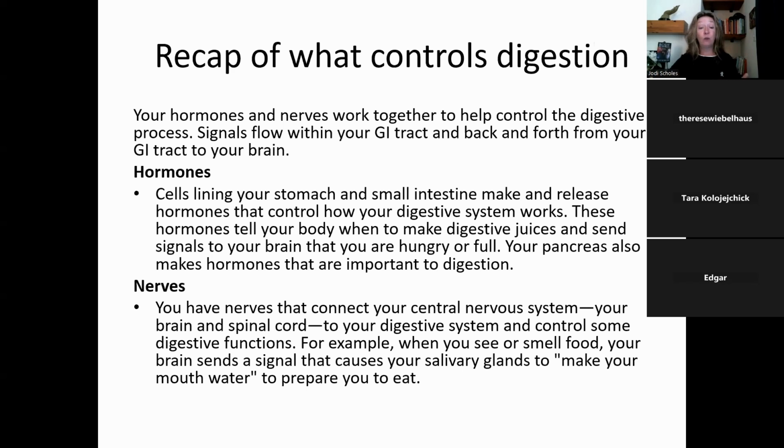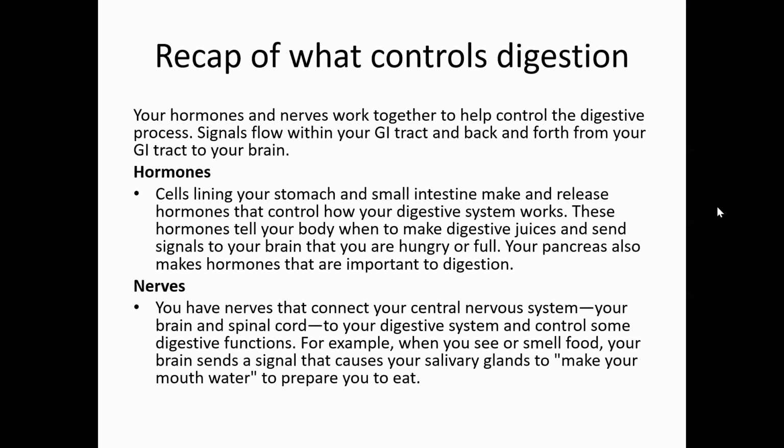A reminder that hormones and nerves are very important in the digestive process. And nerves are so important that there is a wave of new information coming out about the brain-gut connection. Have you heard about that? The brain-gut connection?